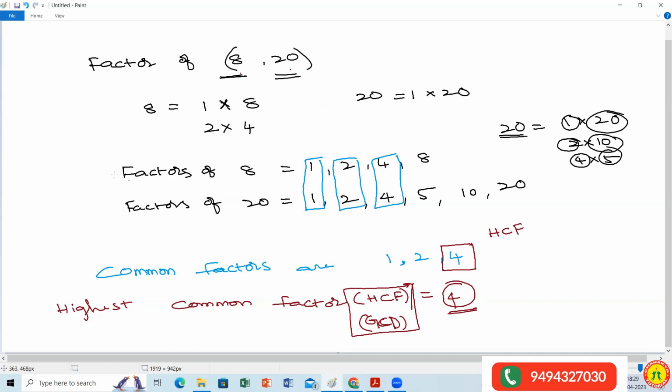Children, this is a long method. For simple numbers, for your understanding, I'm explaining this highest common factor method.